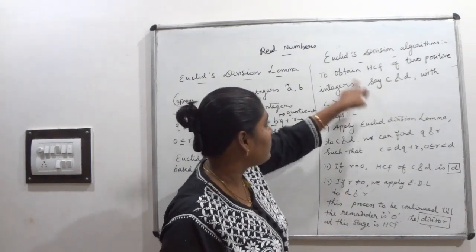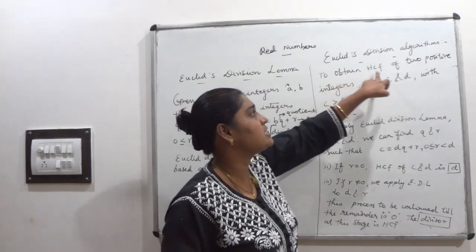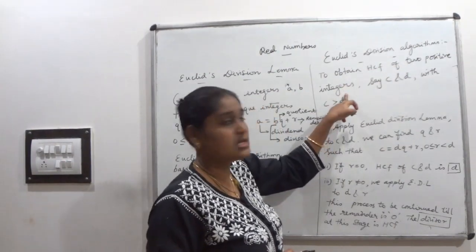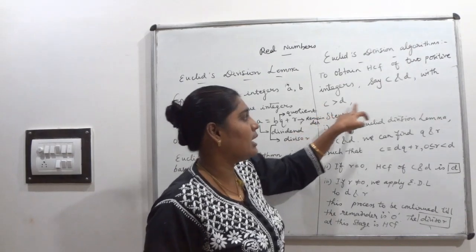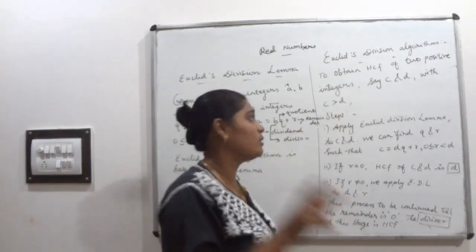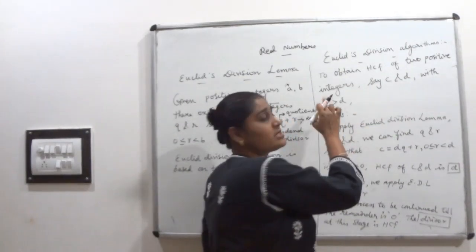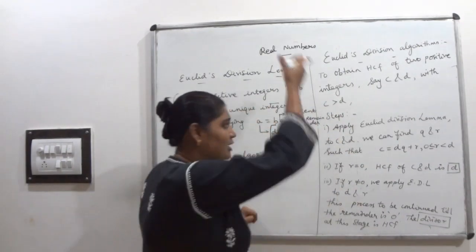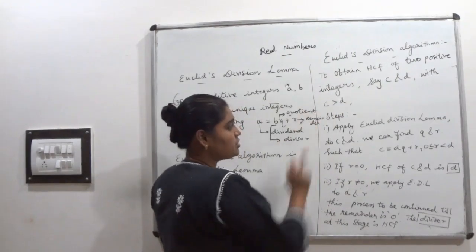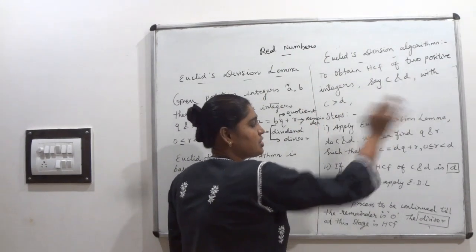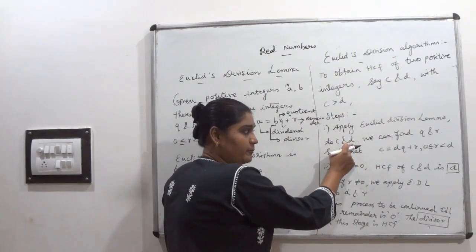To obtain the HCF of two positive integers, say c and d, with c greater than d. Suppose you are taking the two numbers c and d. In that case, c is greater than d. What steps you have to follow to get the HCF of two numbers? The first step, you have to apply the Euclid division lemma to c and d.